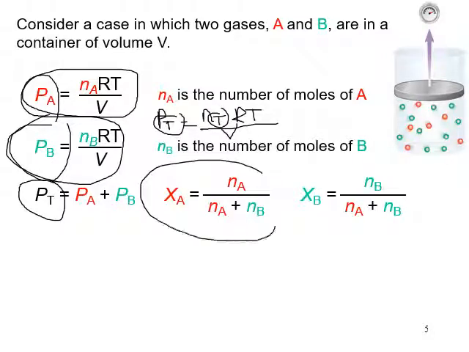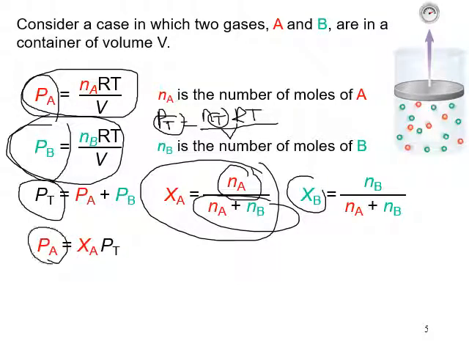Now this X here is called mole fraction, and mole fraction is the fraction of moles of a substance in a mixture. So here, the mole fraction of A is equal to the number of moles of A over the total number of moles of everybody. Same thing for X of B. Now it turns out that the pressure of the individual gas is determined by the mole fraction of that individual times the total pressure, which intuitively makes sense.